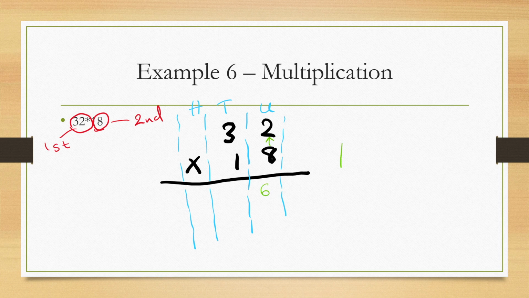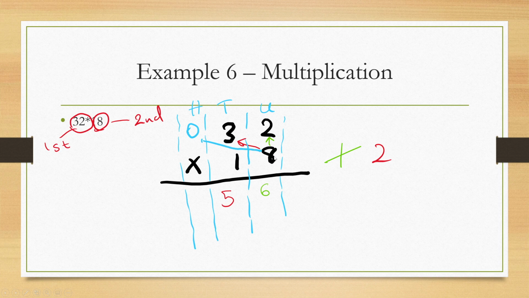You put the 6 underneath the 8 and you carry 1 over. 3 times 8 is 24, and then you have a 1, remember? So you add the 1, so it becomes 25. You put the 5 underneath there, in the tens column, and you carry 2 over because it's 25.